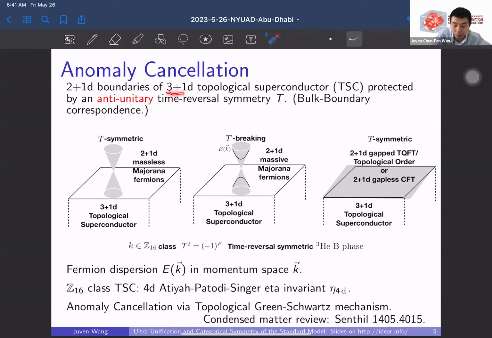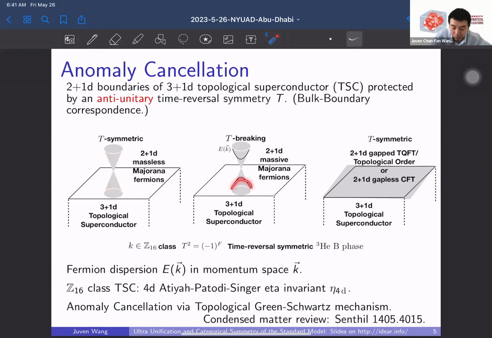For example, in a 3+1 dimensional topological superconductor protected by anti-unitary time reversal symmetry, this is the bulk, and we are drawing the fermionic spectrum in the momentum space, the so-called dispersion relation, like a Brillouin zone dispersion. And the free fermions, a possible boundary state, known as the massless Majorana fermions, can preserve time reversal symmetry. So these are the gapless dispersion.